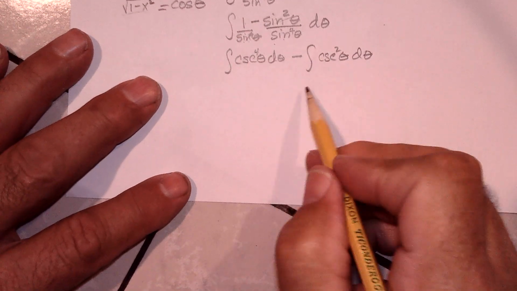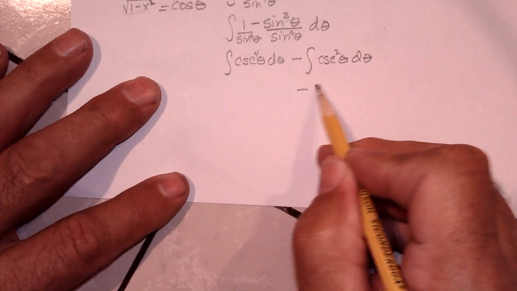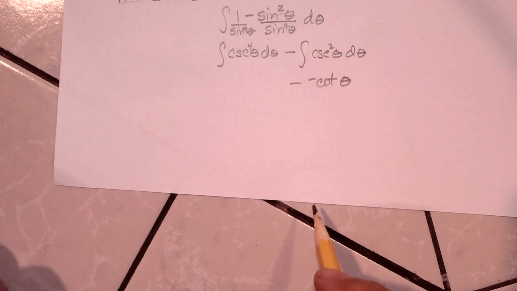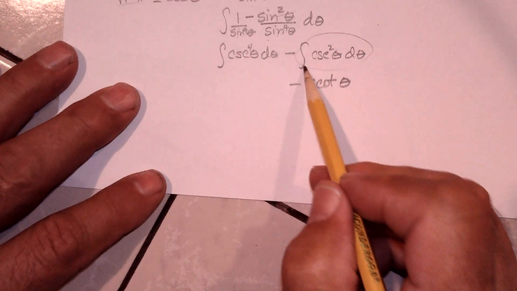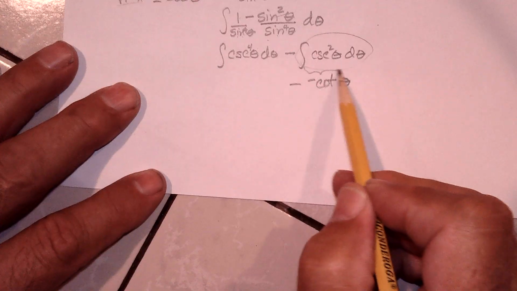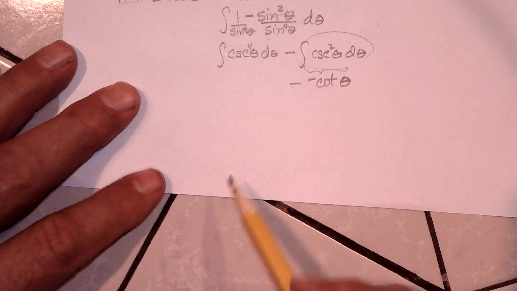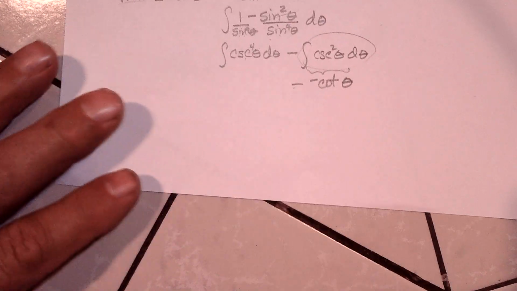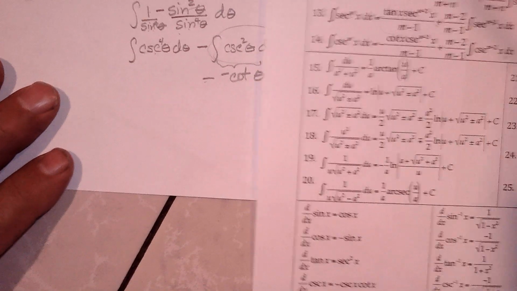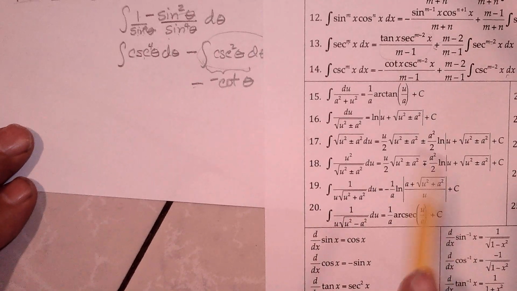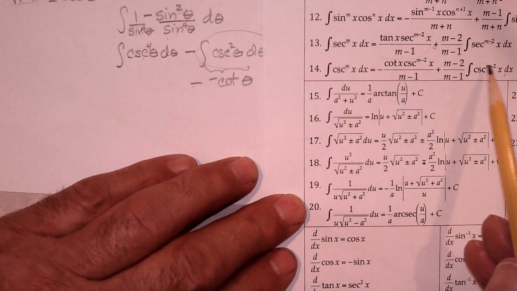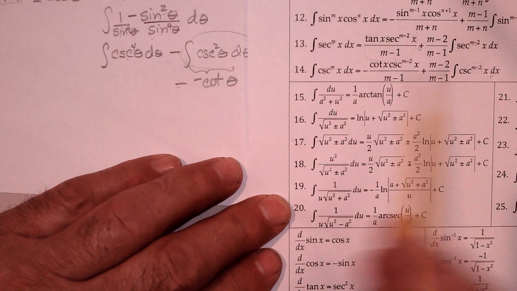The antiderivative of this is negative cotangent theta. So we got minus and minus, so that's plus. And then this, I'm going to resort to my handy dandy formula page, and here's cosecant to a higher power, and this will reduce it by 2.